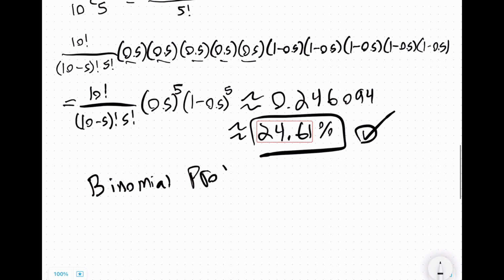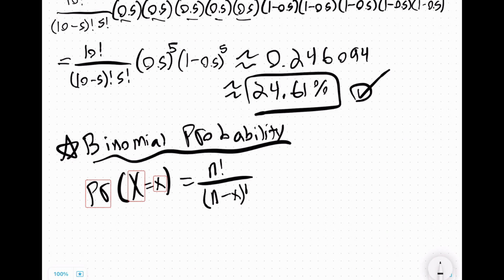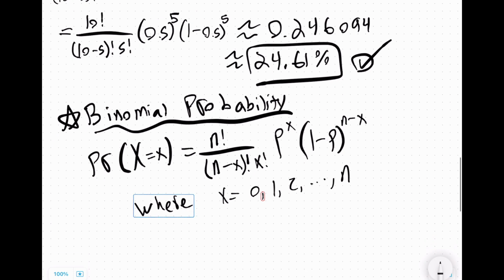So if we think about the general formula for a binomial probability, we have the probability of big X equals little x is equal to n factorial over n minus x, that quantity, factorial, times x factorial, times p raised to the x power, times the quantity 1 minus p to the n minus x power, where x is equal to 0, 1, 2, etc. to n.